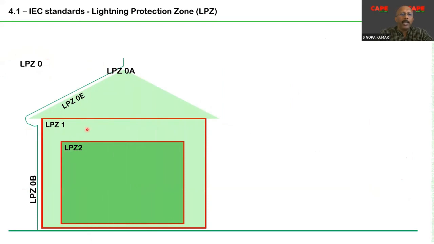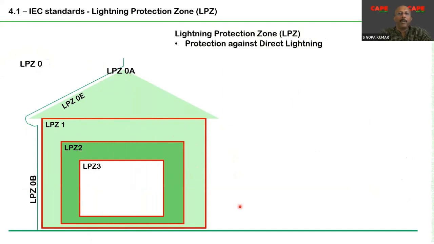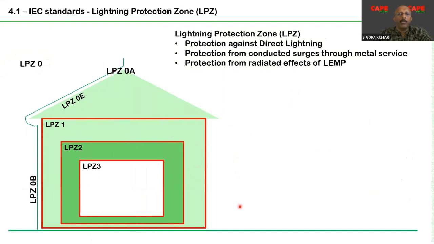A zone inside, LPZ1, is a protected place where there is no direct lightning current and the voltage impulses are further reduced. LPZ2 is further inside the building where the threats are further reduced. LPZ3 is a further reduced place. Like that, a building can be classified into several lightning protection zones. N number of zones can be created depending upon what kind of protection you are looking for.